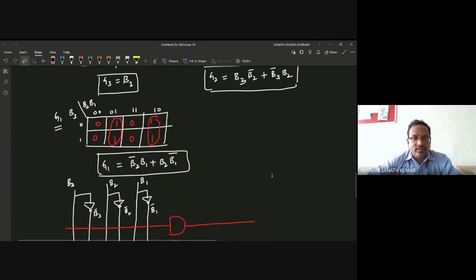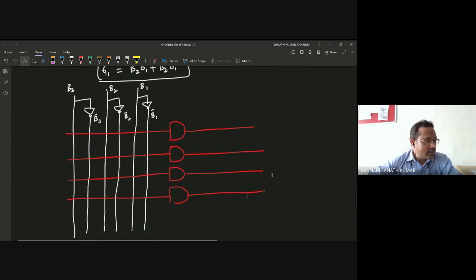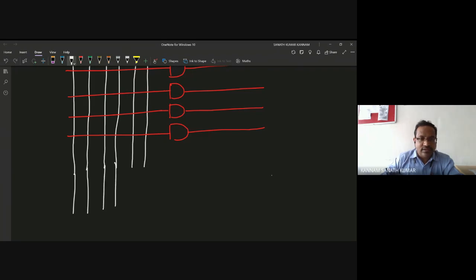Okay. So by using this table, you will get three more inputs. Those are in unused states. Okay.